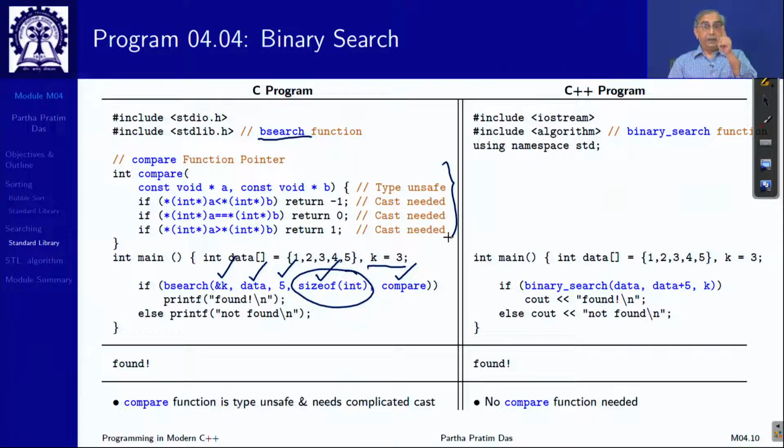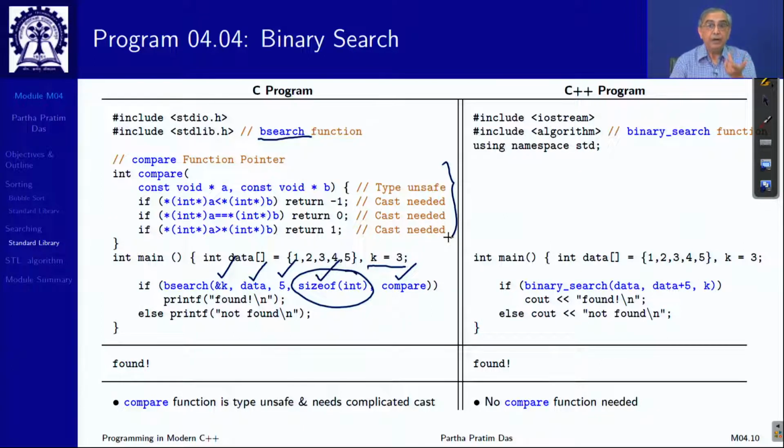You want to hit the middle, see if that value is matching. If it is matching, you have already found it. If it is not, you will have to go to the left, assuming that the array is sorted in increasing order, as is given in this example. So, you have to go to the left half of the array. If it is more, you have to go to the right half of the array. So, you need a three-way comparison result, less, equal to, more.